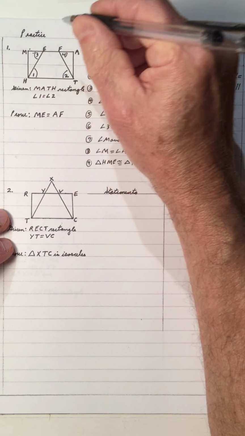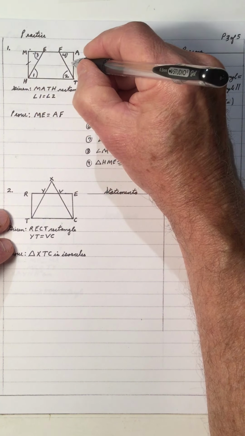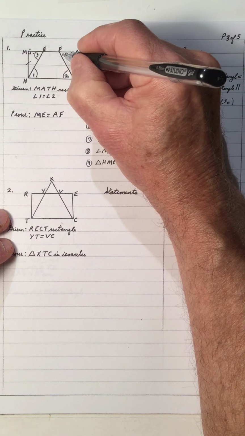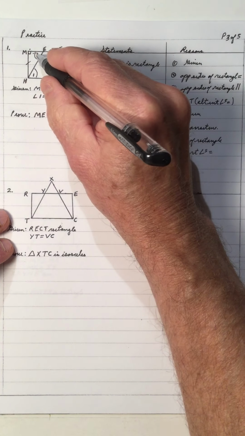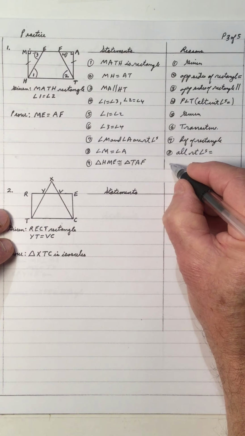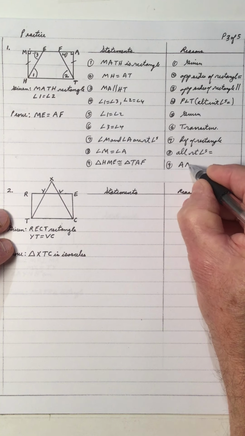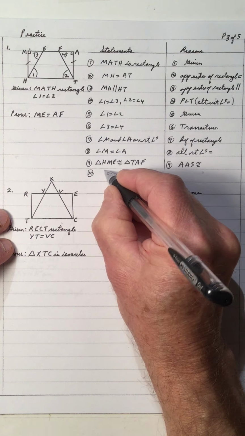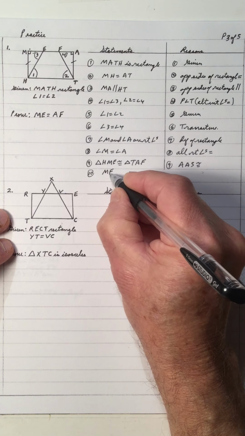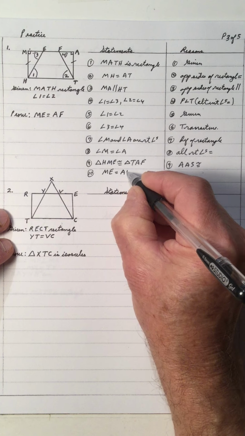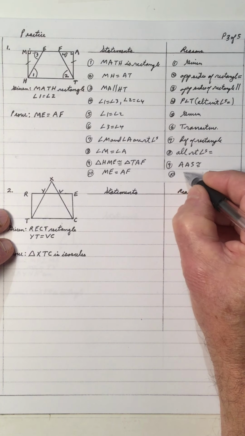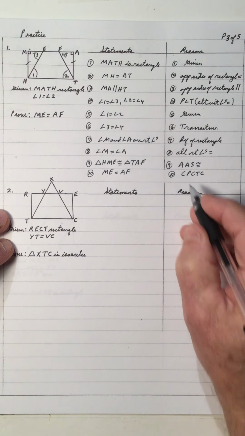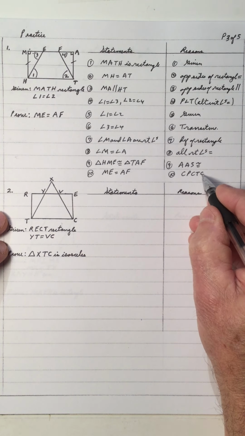Remember, we have these two sides equal. This angle is a right angle, this angle is a right angle, 3 is equal to 4, so the triangles are congruent by AAS, angle angle side congruency, and as a result we have ME equals AF. CPCTC, corresponding parts of congruent triangles are congruent.